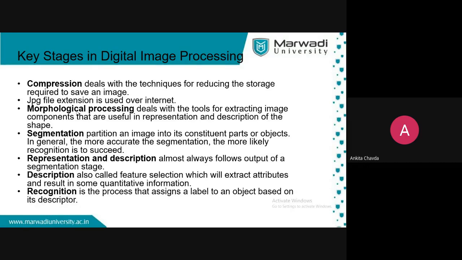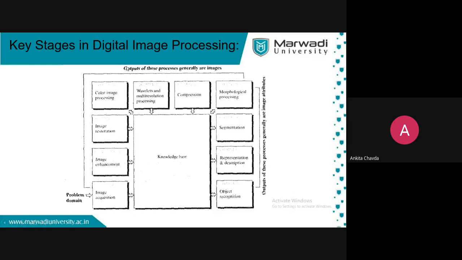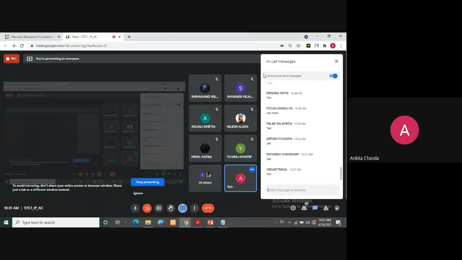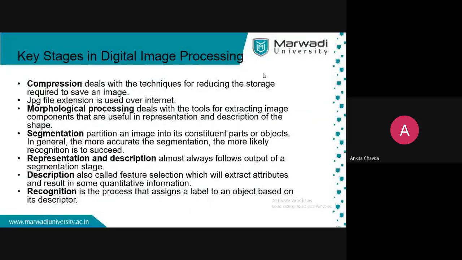That is why with morphological processing the outputs of these processes are generally images, as well as attributes. So it depends. Okay, morphological processing depends. It can even give you the whole image back, or you can choose attributes. Okay. So that is morphological processing.